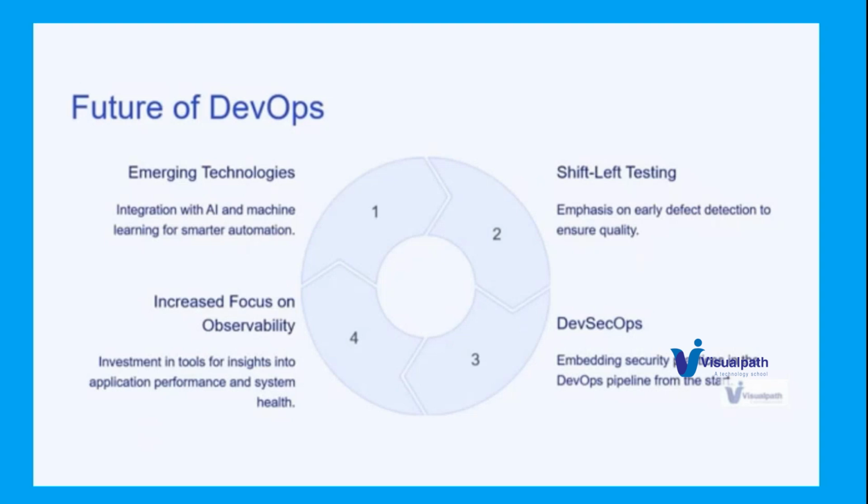And DevSecOps means embedding security practices in the DevOps pipeline from the start. Security is the main concern that I missed. Networking concepts and security are more of a concern nowadays, right? The code can easily be hacked or cracked while the application is running.